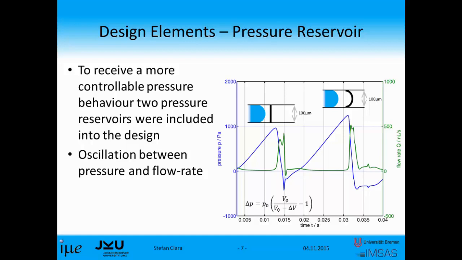The second element we implemented is the so-called pressure reservoir. It's only an air bubble included in the system. If we repeat the experiment from before and apply such a pressure reservoir near the inlet, then when the droplet hits the phase guide, you see that the pressure increases very linearly up to a certain amount, and then the droplet is pressed over this phase guide, and the liquid stored in the pressure reservoir flows out again, and therefore you have a peak in the flow rate.